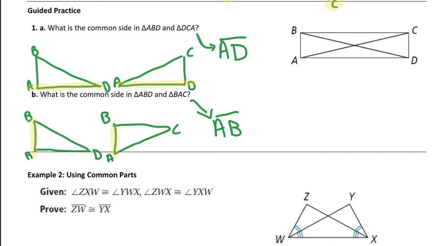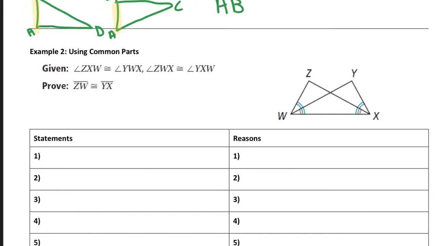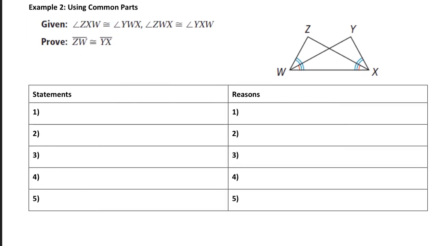Now, practicing that is going to help us use common parts to do some proofs. And I know that I talked about that CPCTC, that mouthful, before, but we're going to come back to that just a little bit to help us explain how to describe overlapping triangles. So I'm going to start this proof like just about every other one. Start with what's given.